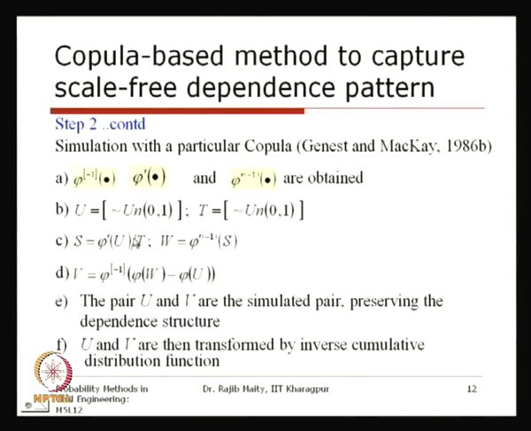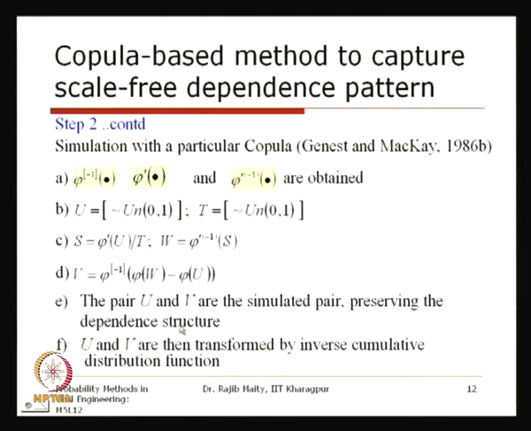Each point we just divide, and then from that s, if we take the inverse of the first derivative, we will get one series, that is w. Now, v equals the pseudo inverse of the generator, phi of w minus phi of u, and this will give you another new series which is v. Now, the pair u and this newly generated v are the simulated pair preserving their dependent structure.